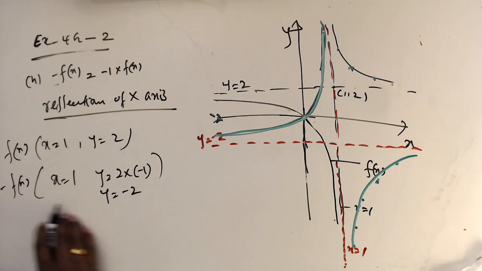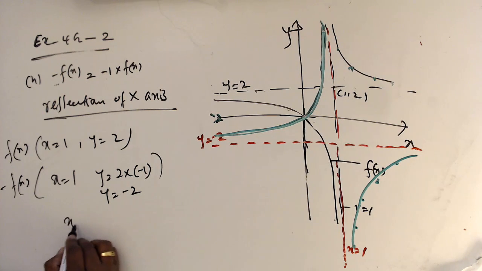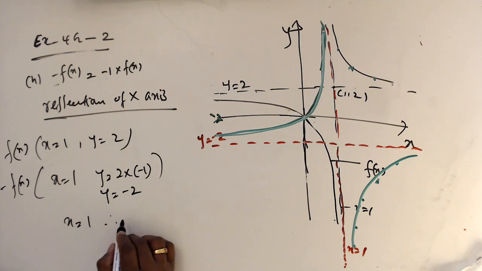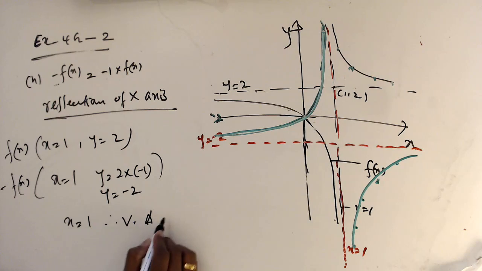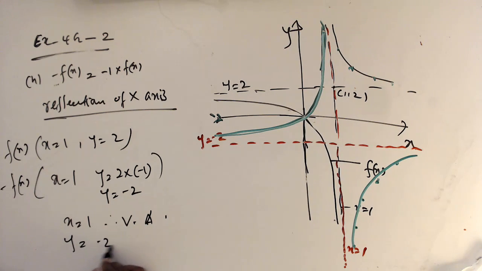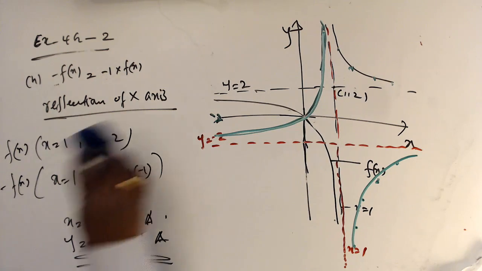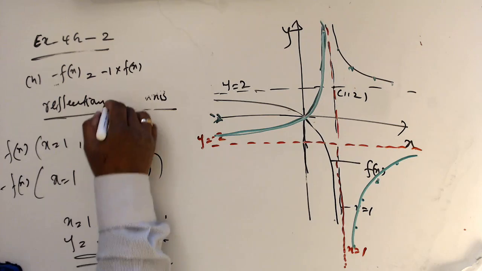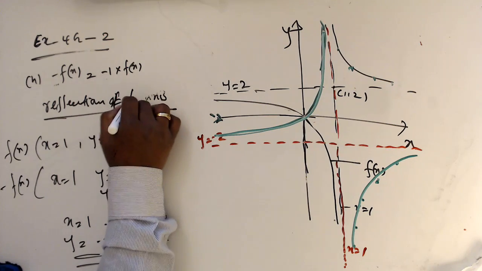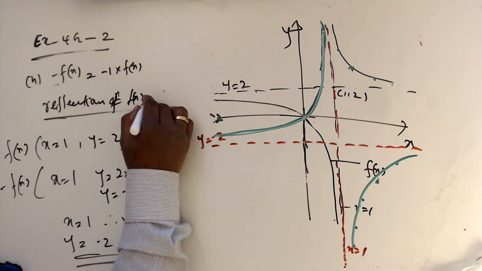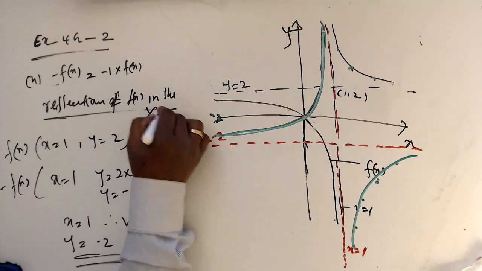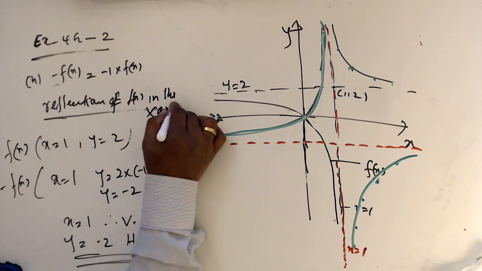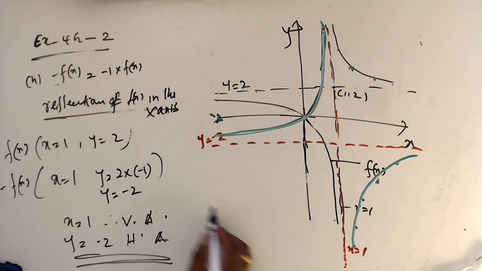Now you can write x equal 1 is the vertical asymptote and y equal minus 2 is the horizontal asymptote. Reflection of f(x) in the x-axis. That's all.